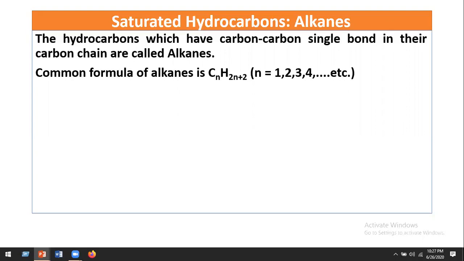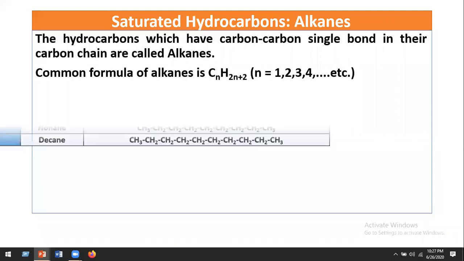The general formula of alkanes is CnH2n+2, where n equals 1, 2, 3, etc.